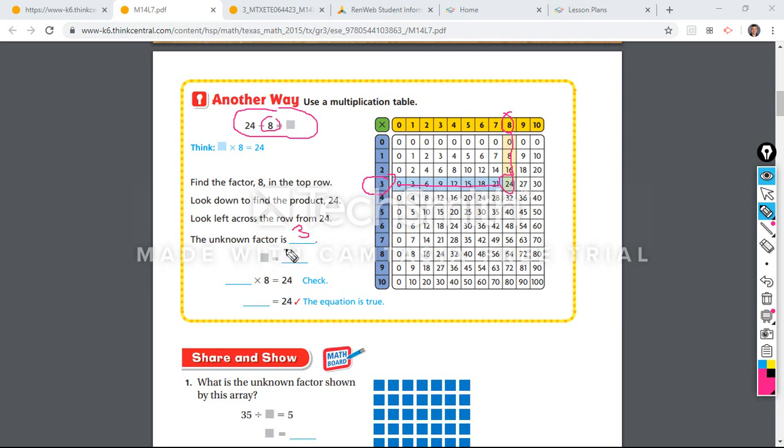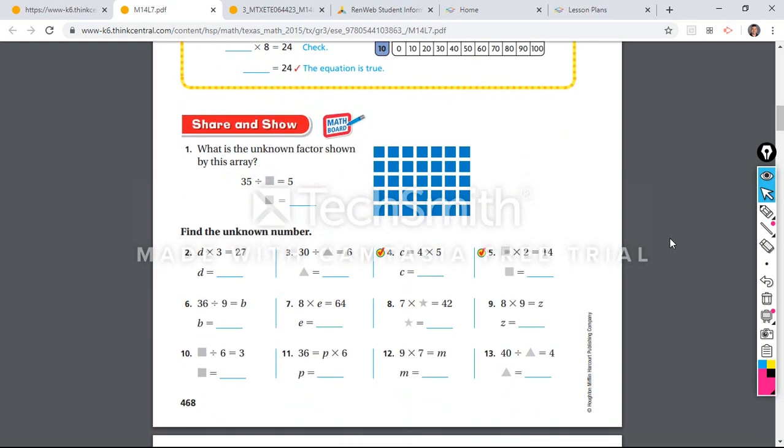So the square equals 3, and let's check it. Well, 3 times 8 equals 24. Does 24 equal 24? Yes, the sentence is true. So all you do is find the factor, go all the way down until you see the product of 24, and you'll get the unknown factor. That's all you use, and you're pretty good at doing this. The next one are symbols. We're going to use shapes, we're going to use letters, and we're just finding the unknown factor. And if you're very good with your multiplication tables and division, you're going to be good to go.